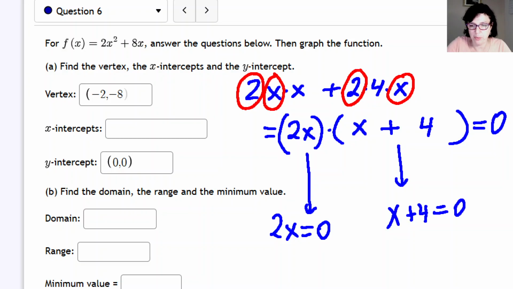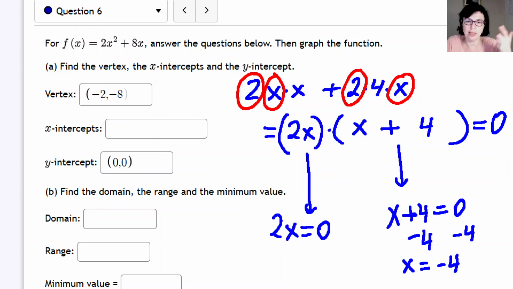Now, here you have to make sure you don't get confused when you solve for x. In the second equation, hopefully you get that. That's just going to be subtract 4, and you get x equals negative 4. But where a lot of times students trip up is because they go through it too fast and they look at 2x and they think, okay, negative 2. But that's not right, because it's not 2 plus x, it's 2 times x. Because this is really times here.